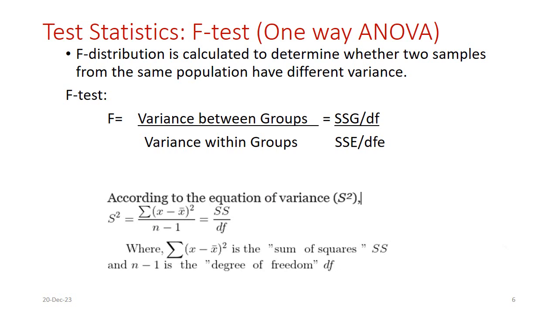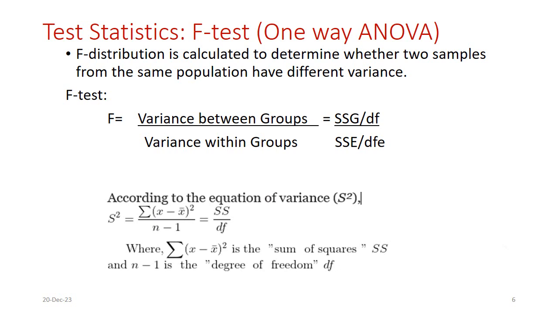The F test, as discussed earlier, is F equals the variance between the groups divided by the variance within the groups. That is the ratio of the sum of squares between the groups divided by its degrees of freedom, to the sum of squares within the groups divided by its degrees of freedom.